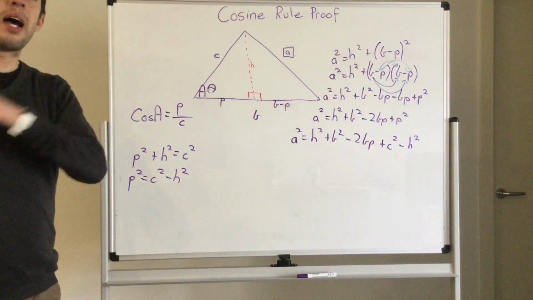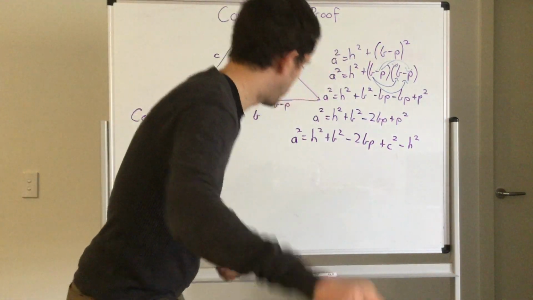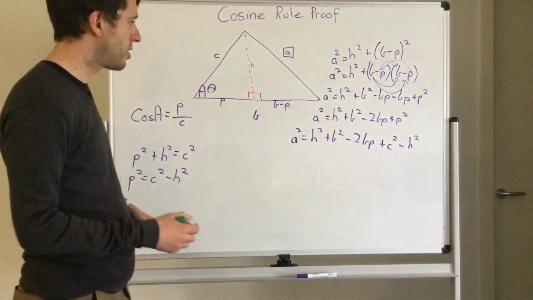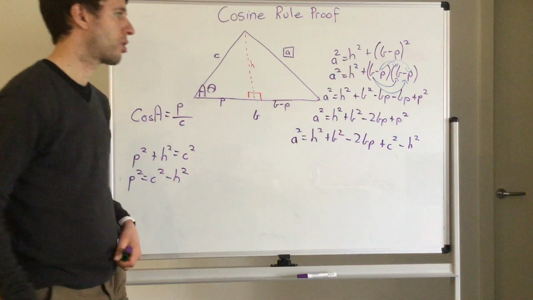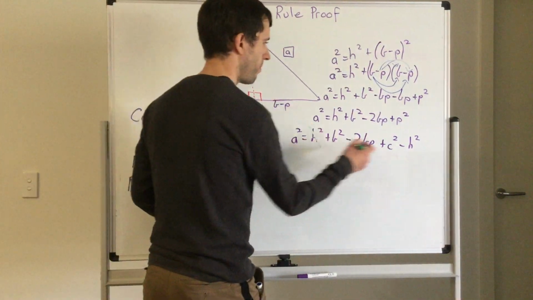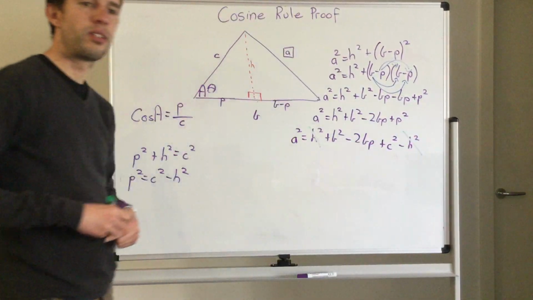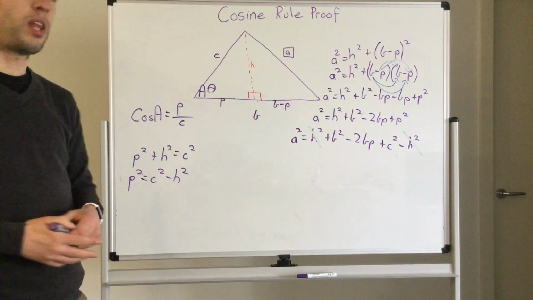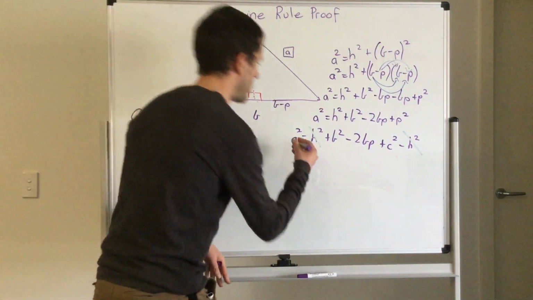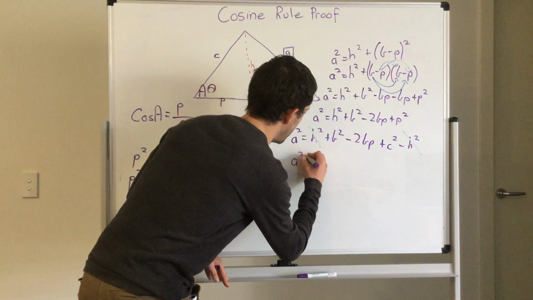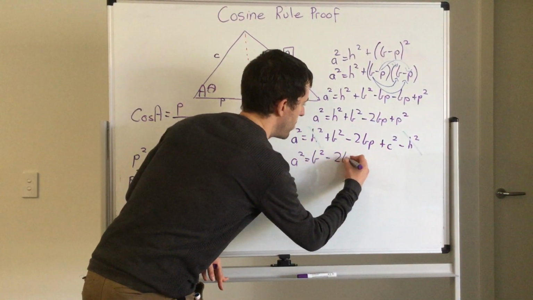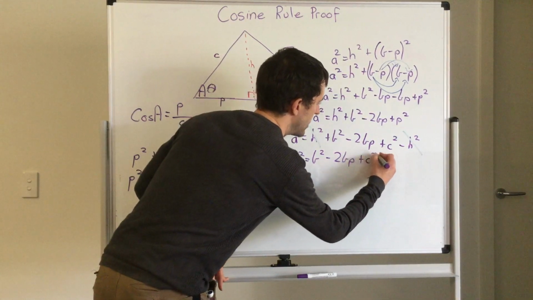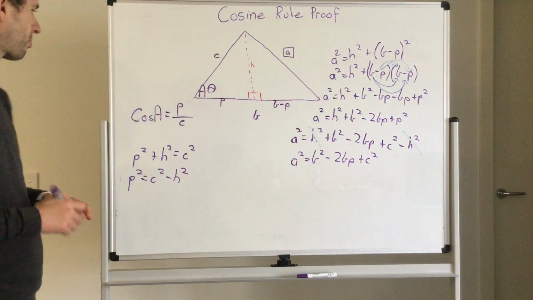Now, you might notice something there, because I certainly do. I notice that I've got positive H squared minus H squared, so they just cancel out. So now I can rewrite my equation. A squared equals B squared take 2BP plus C squared.